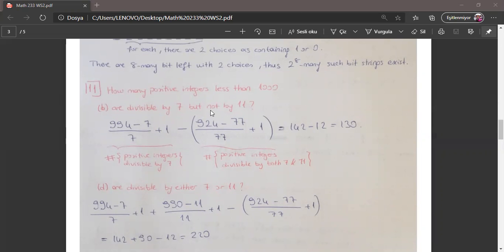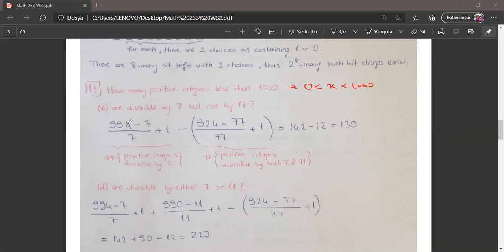Now, to find the numbers which are divisible by 7, we have this formula. So between 0 and 1,000, find such numbers. First you find the maximum number between them which is divisible by 7.